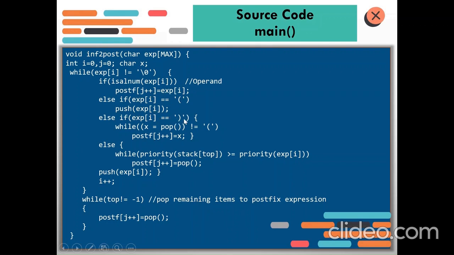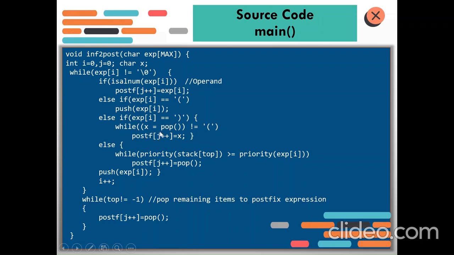If it is a closing bracket, then what are we doing? Until we reach the opening bracket, we are pushing that x value, which was popped from the stack, onto the postfix expression.